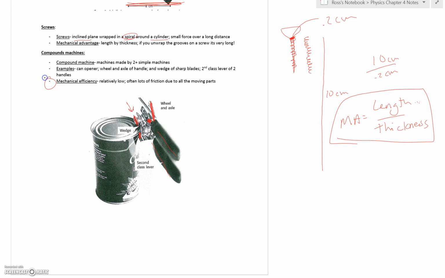However, here, the mechanical efficiency, while the mechanical advantage might be greater, right? Because you've got all these different machines working together. Each one of them is going to be multiplying the mechanical advantage, multiplying the output force. However, the mechanical efficiency is going to be relatively low because there's lots of friction due to all the moving parts.